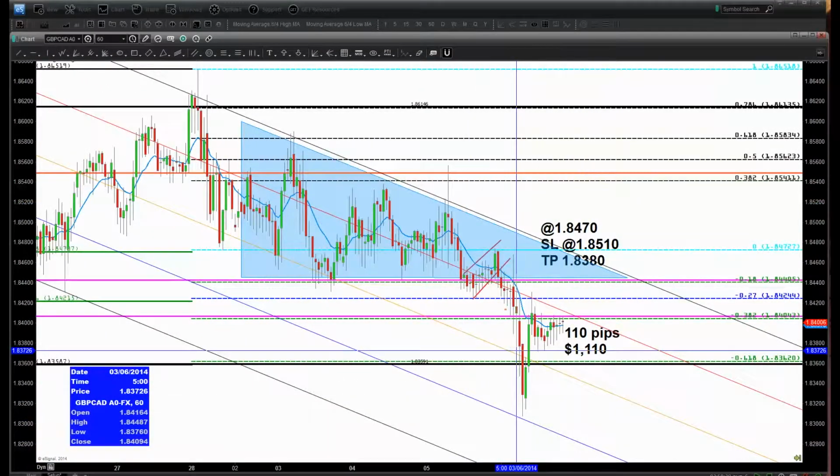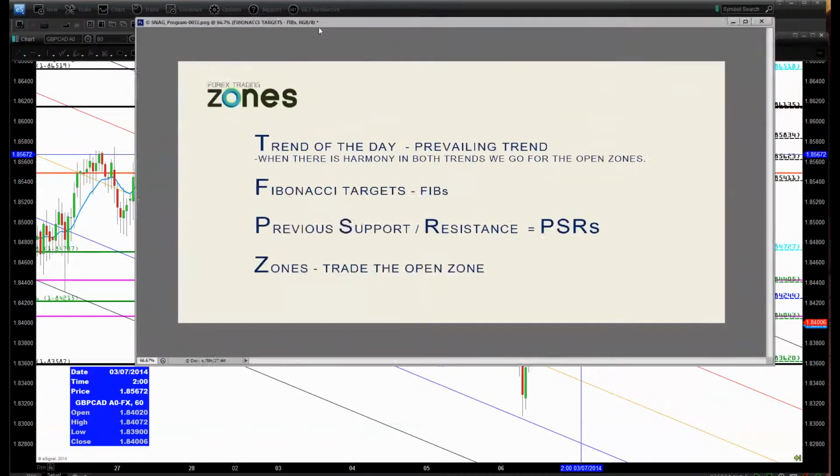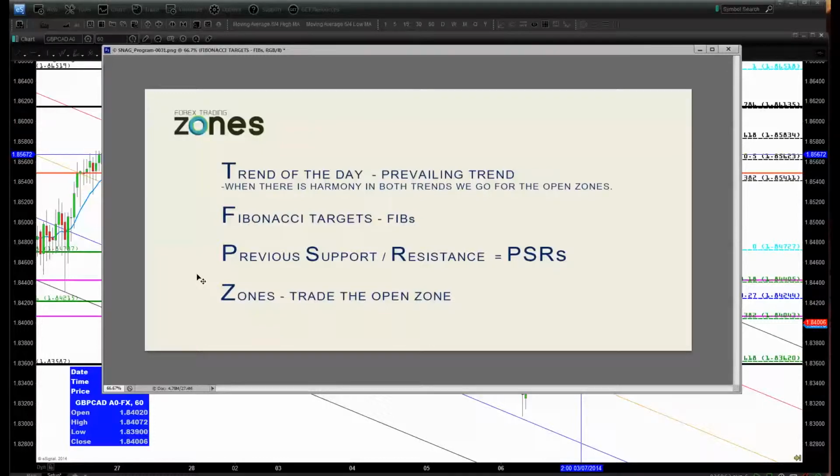And you can see right here, when it broke this past support, and it broke the following, it went straight to the open zone. That was our target. It was set up for that, and those are the open zones that we refer to right here.